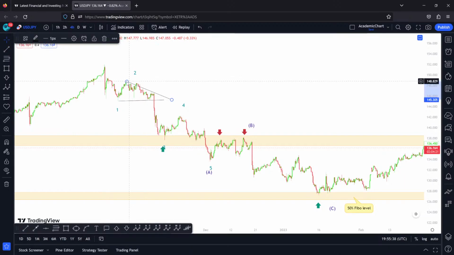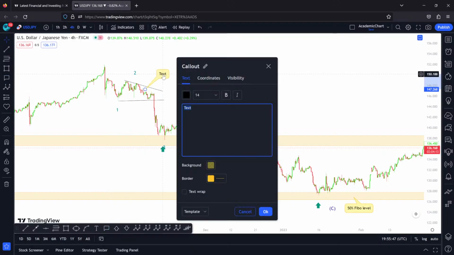You know that we have sideways corrections, and one of those types are triangles. And now we are seeing some form of descending triangle. So it's a sideways correction, which is this descending triangle.